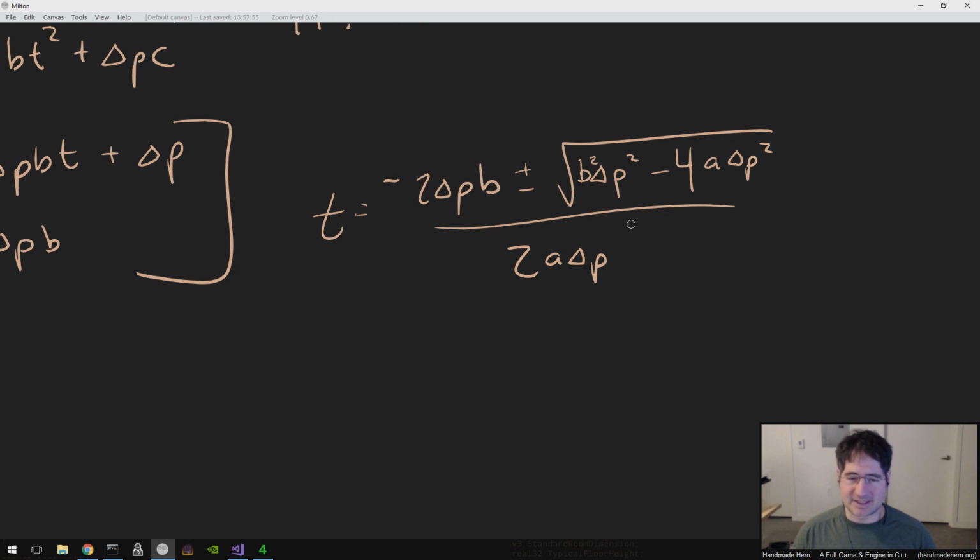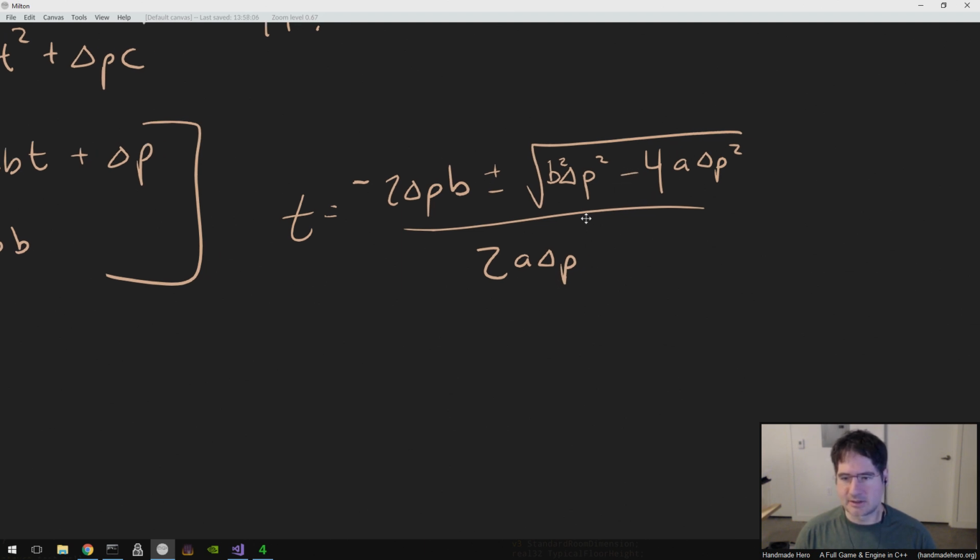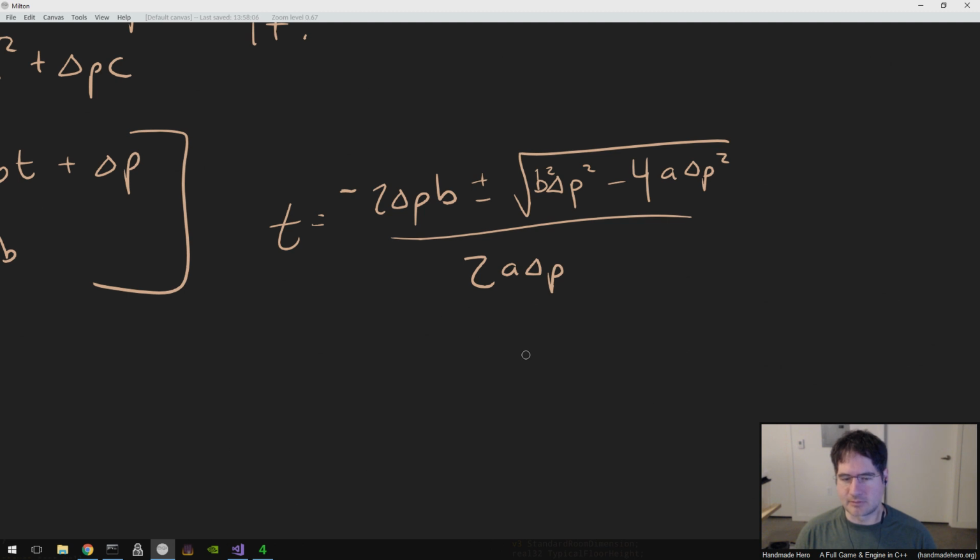So you'd end up with something like this for your solution for t in terms of delta p, which is not pretty, as you might expect.